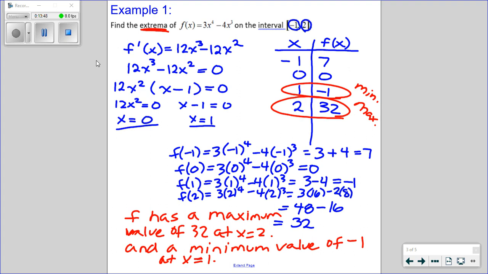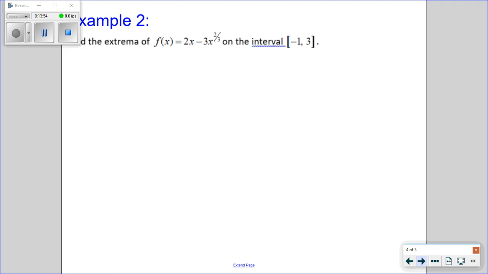All right, so this gives you an idea of how to find the absolute extrema, but let's look at a couple more examples dealing with some other types of functions. So here our function is 2x minus 3x to the 2/3 power, and we're given the closed interval -1 to 3.